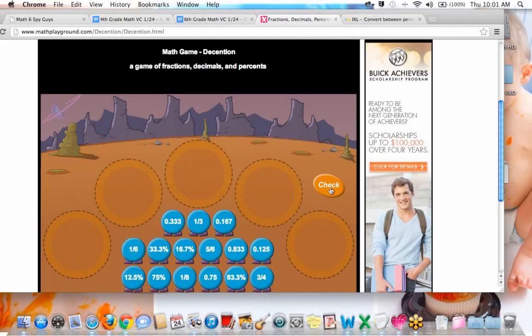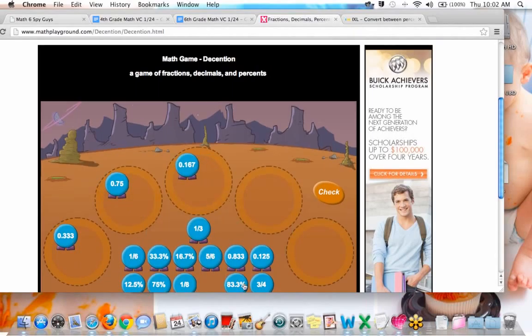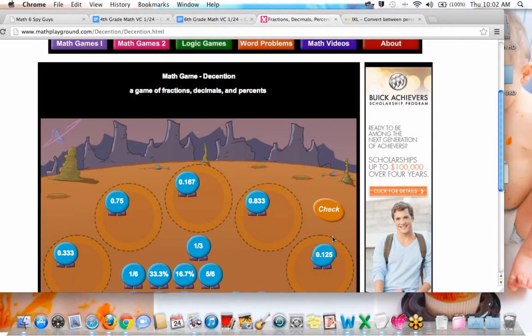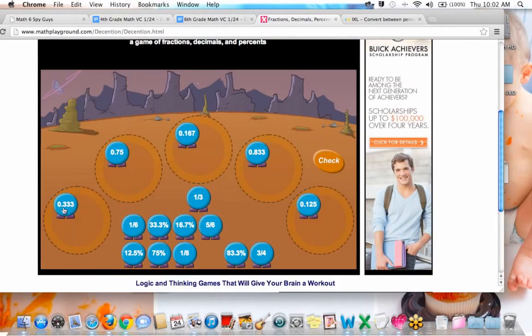Okay, I think this is our last level, but they're getting a little harder. So I'm just going to move out the decimals. Okay, so let's just start on this side this time. We'll start on the left. So I have 0.333.